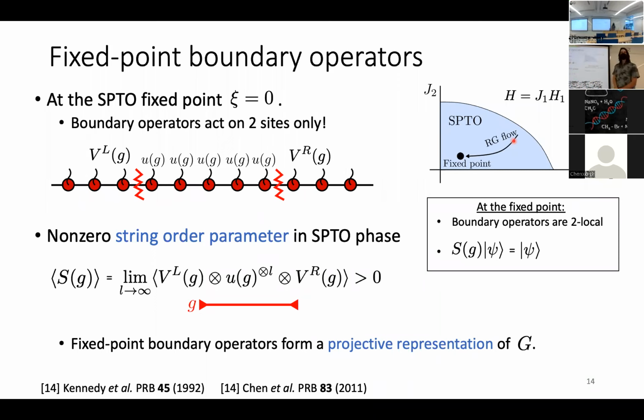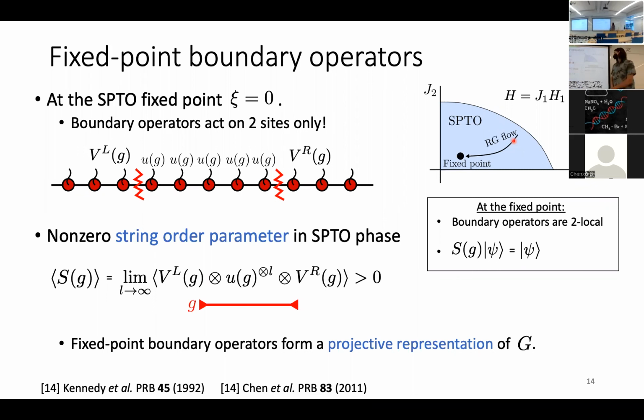I'll give this a diagrammatic representation for some calculations that I'll show you later, where I'll represent one of these string operators by a long string with inverted arrows at the ends. The inverted arrows represent the action of the V left and the V right, whereas the bulk of the string represents the local symmetry transformations.